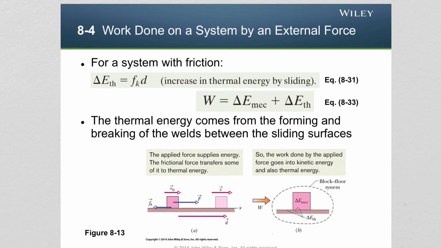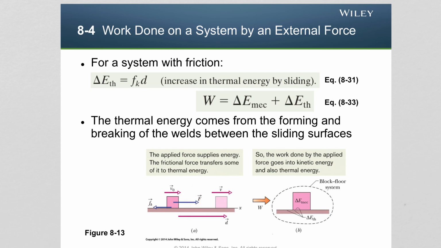Here is an example of where we have this situation. Consider this block, which is being moved to the right by applied force F. This force is external to the system, being the block and the surface. As a result of the sliding of the block across the surface, a force of friction arises as well. This is a non-conservative force.